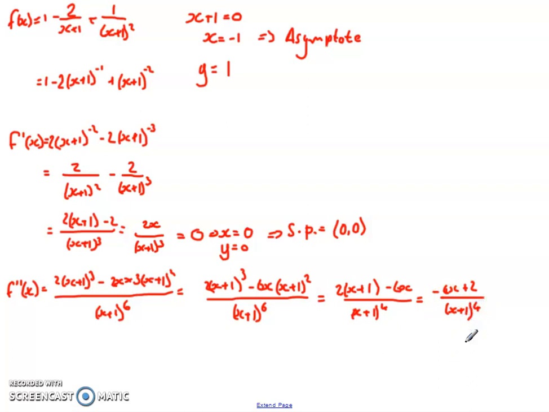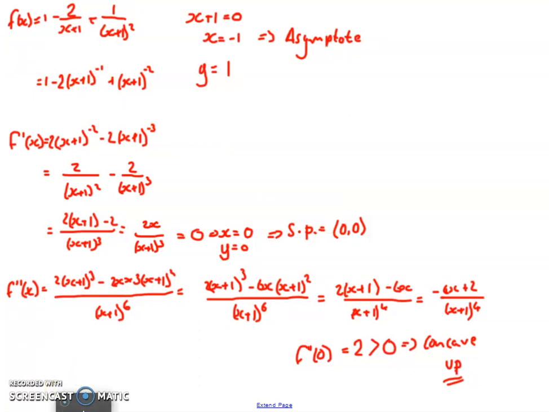For the nature of it, what I have to do is substitute in the x value of 0, so what I have to do is figure out f double dashed of 0, and for that what I'll end up getting is 0 plus 2, so I'll get 2 over 1 to the power of 4, so I'll get 2 over 1, so I get 2. So we know that that there is bigger than 0, so I know at that point it's going to be concave up. So I'm going to have a minimum turning point.